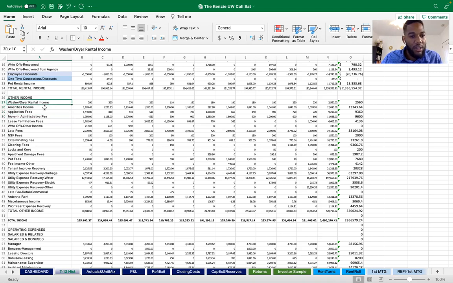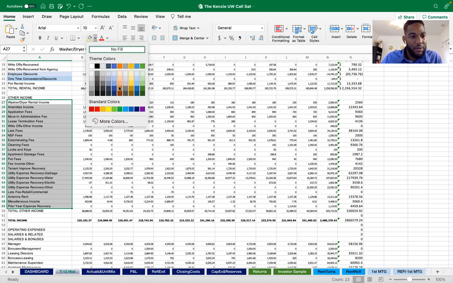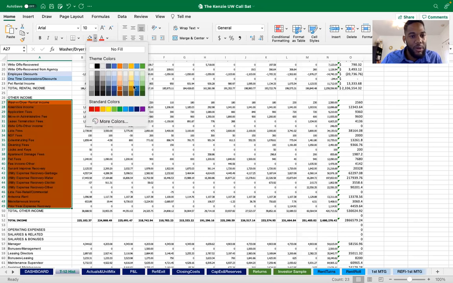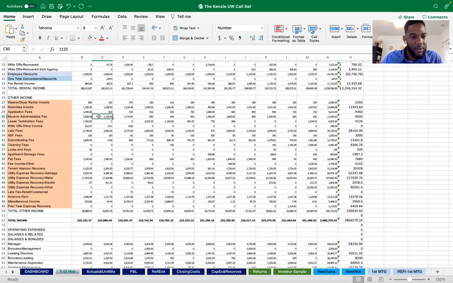Actually, all of these right here are considered other income. So what is other income? From my understanding, and you guys can add on if you'd like, other income is anything outside of regular rental income. So anything outside of regular rental income, we'll go ahead and classify as other income.